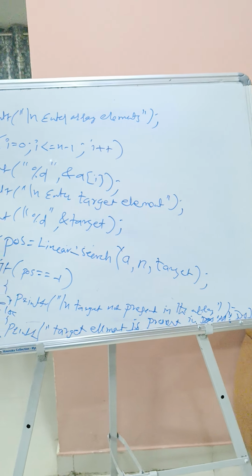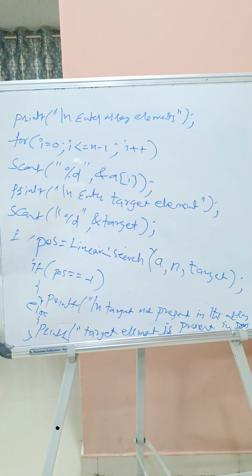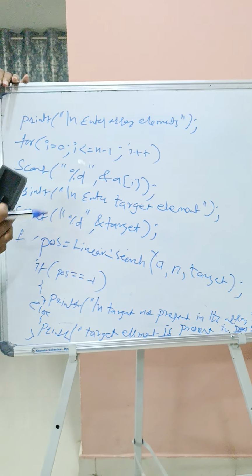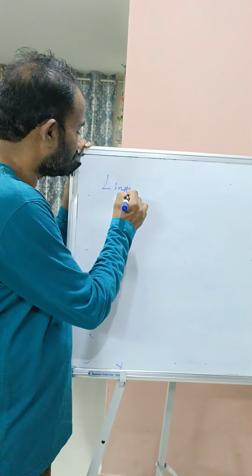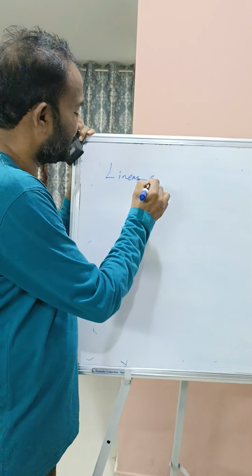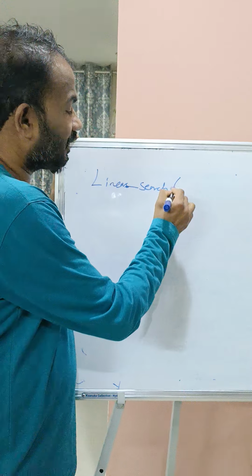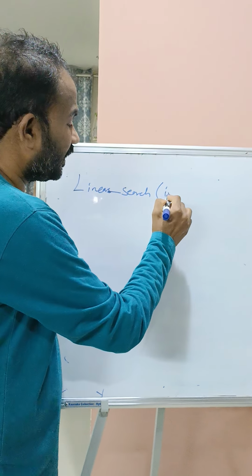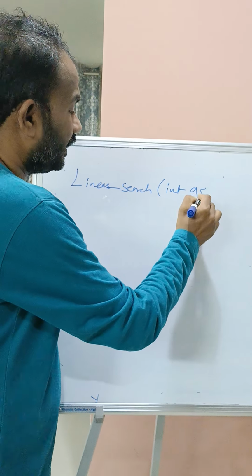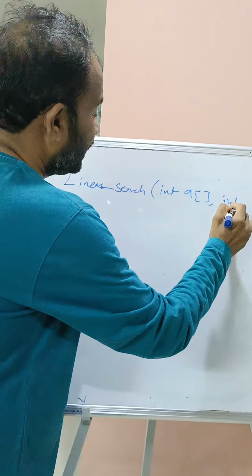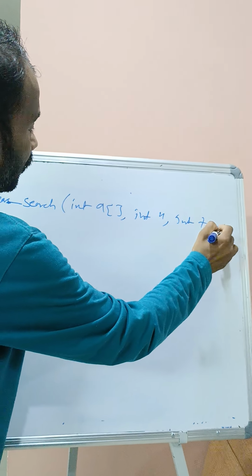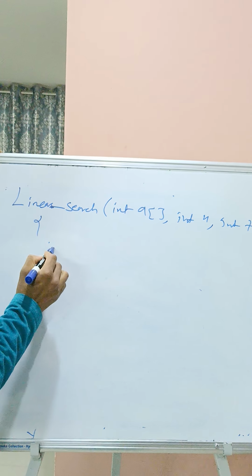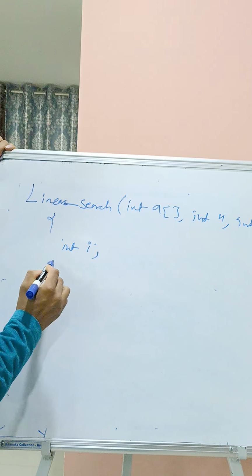Right? So now the last step, comparing elements. What is the name of the function? Linear search. So what are the arguments? Array name int a, size n and a target. Here I am going to take one temporary variable i.